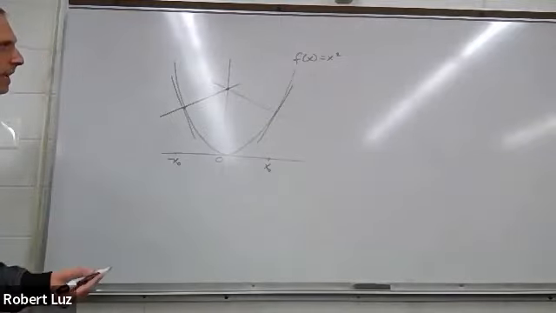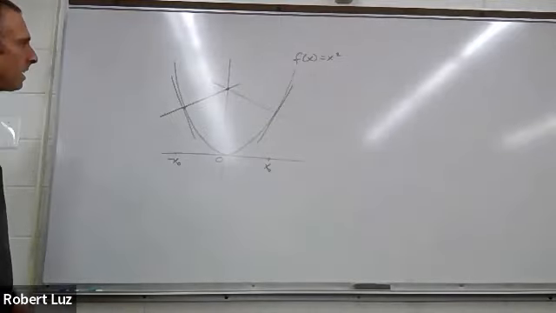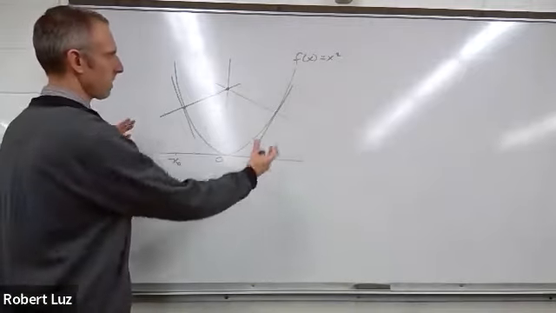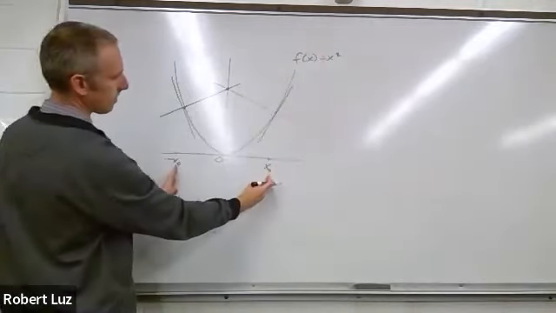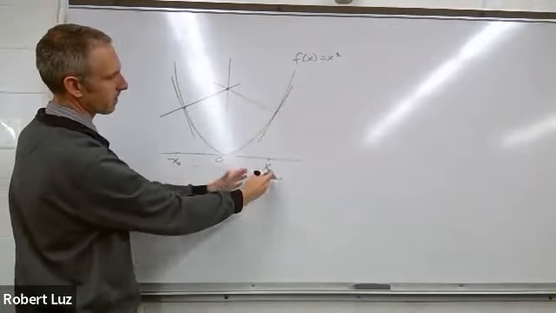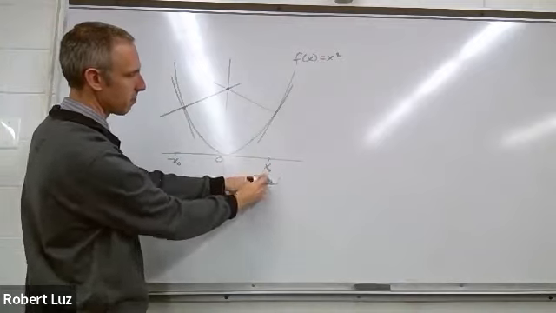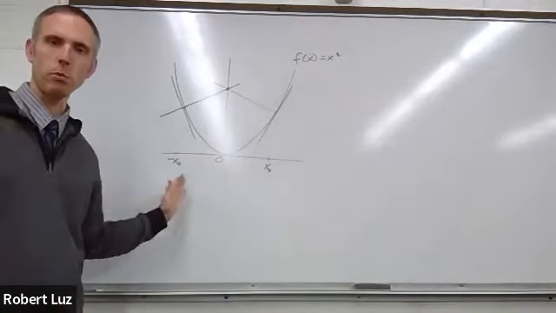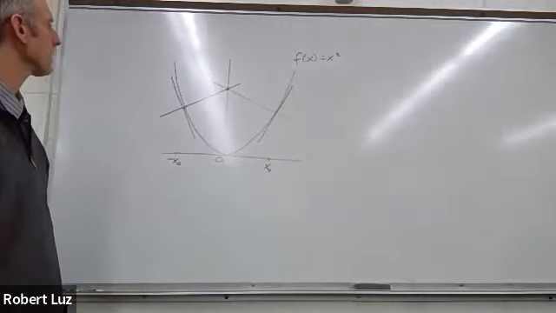And that's always the case. You start the setup with this function and these symmetric points. You specify x0, and then you get your symmetric point on the other side there.